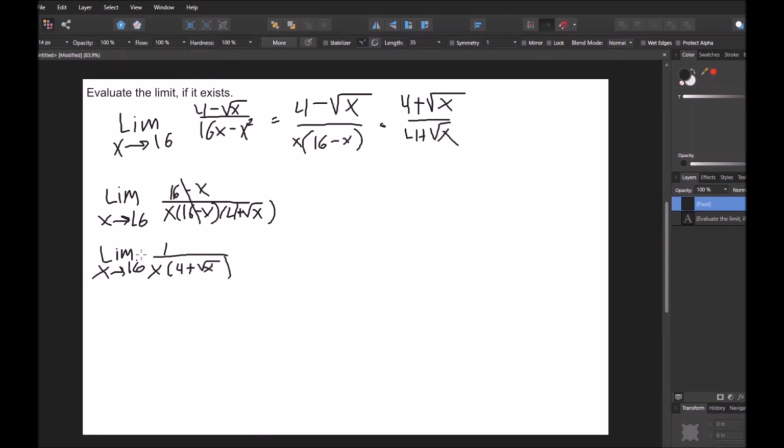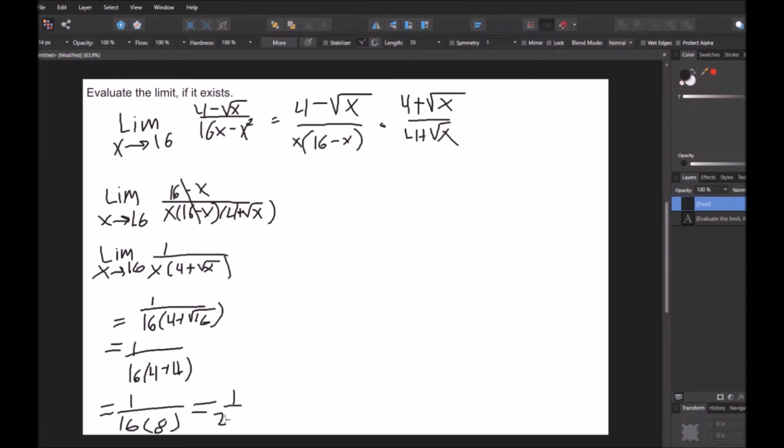Now I can go ahead and substitute 16 in wherever I see x, giving me 1 over 16 times 4 plus square root of 16. And then square root of 16 is 4, so that's going to give me 1 over 16 times 4 plus 4, which is the same thing as 1 over 16 times 8, which is 1 over 128. So that would be my final answer for this one.